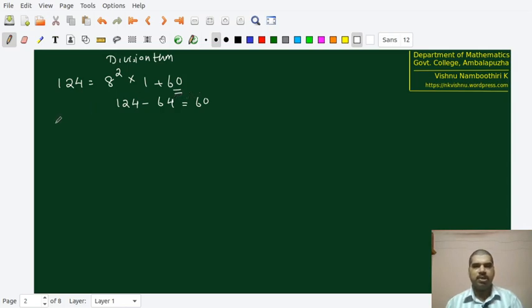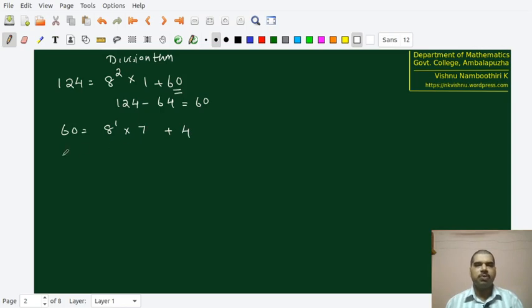So 60 is the remainder. Now we write 60 equal to 8 raised to 1 into something plus something. What is this? 8 raised to 1 into 7, because it is 56, and what is remaining is 4.